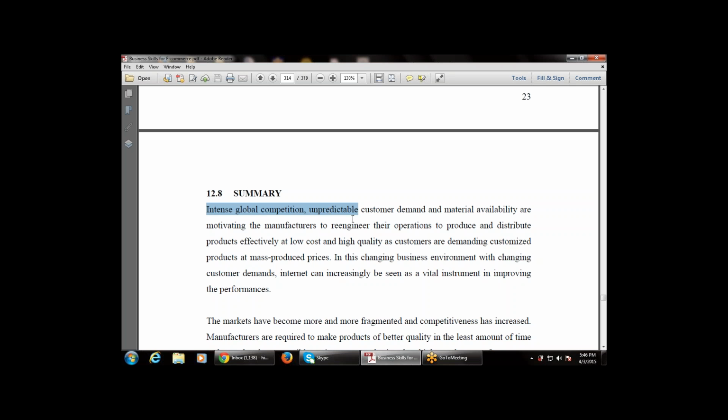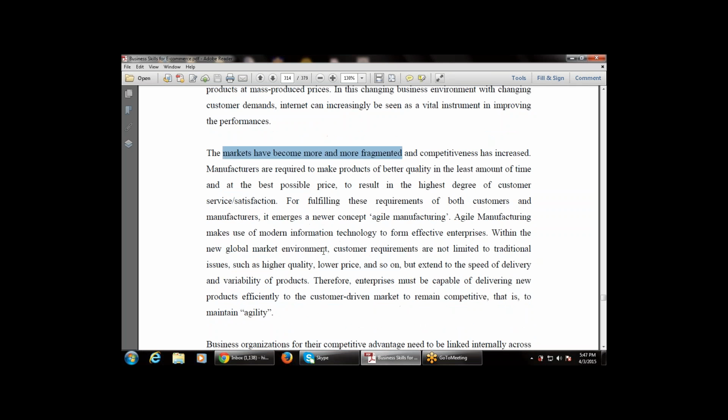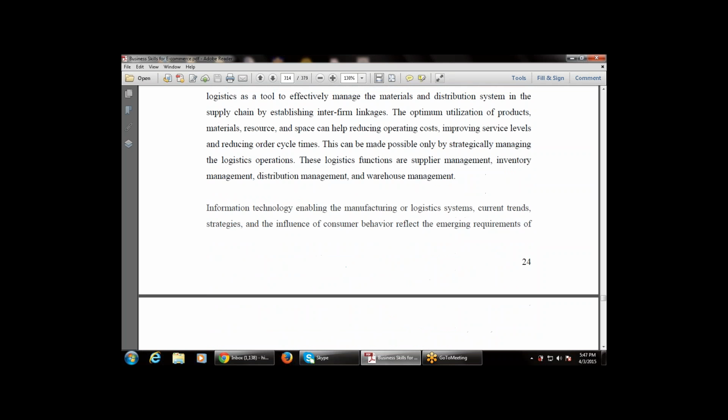Intense global competition, demand, and material availability are the major concerns of manufacturers. Markets are changing nowadays, so there is a demand to cope with the customer, which will be provided by the internet or intranet used with manufacturing or any phase of logistic management.